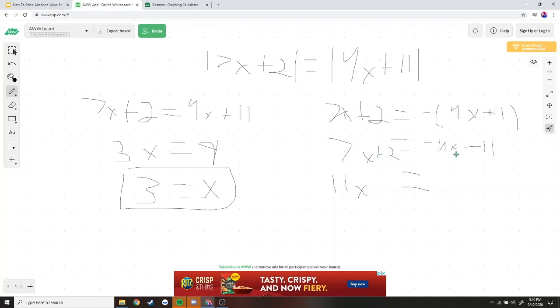And then we're subtracting this 2 on both sides, meaning that negative 11 minus 2 is equal to negative 13. And we divide this 11x by 11 to get rid of this 11. And we end up with x is equal to 13 over 11. That's our final answer.